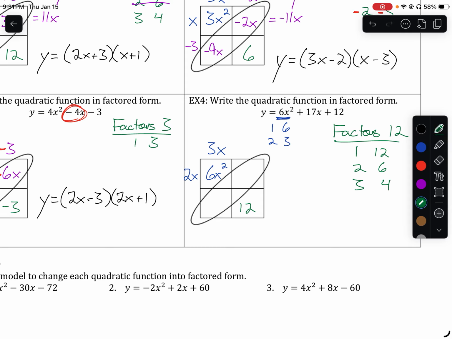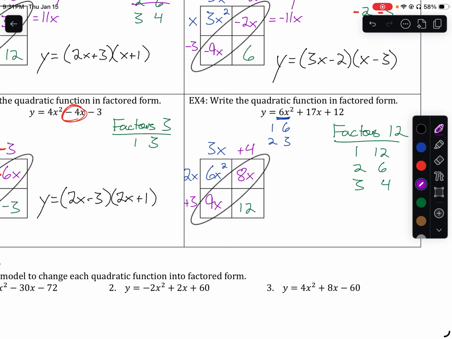So I'm going to start with numbers that are closer together just on this one. There's always some different thinking of which ones to start with. So let's say I made this positive 3 here in the bottom left and a positive 4 up here. So this is a 9x here, and this is going to be 8x.